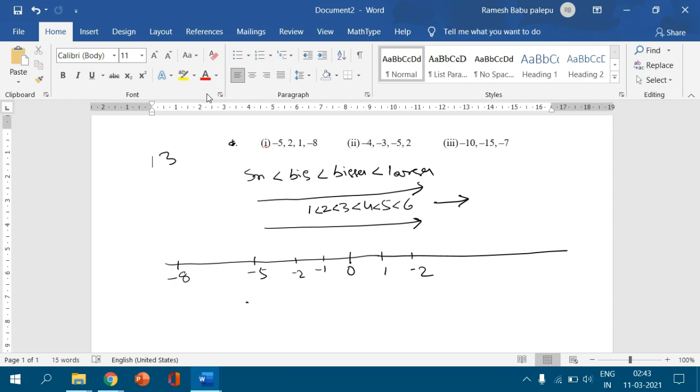We must go from small to large: -8, -5, +1 and +2, the given numbers. That means -8 is less than -5, which is less than 1, which is less than 2. So this is the ascending order, right.